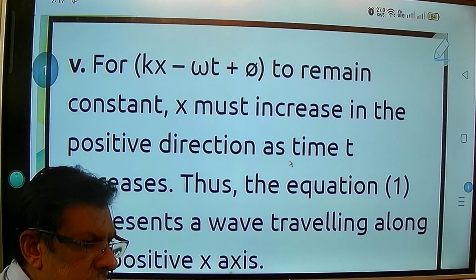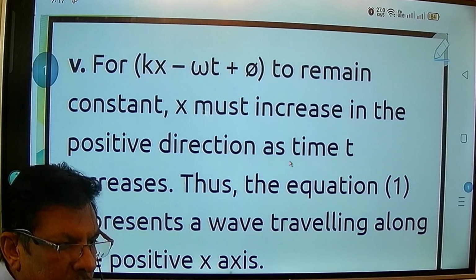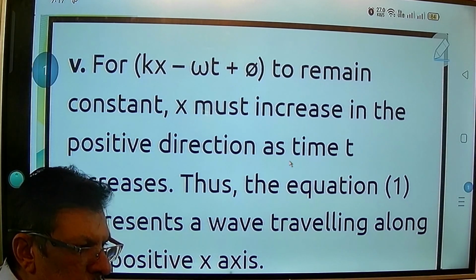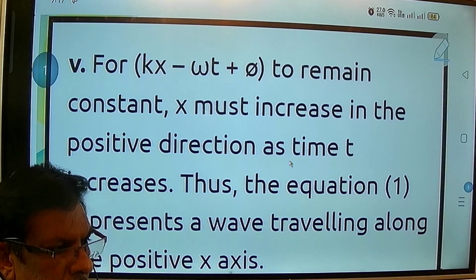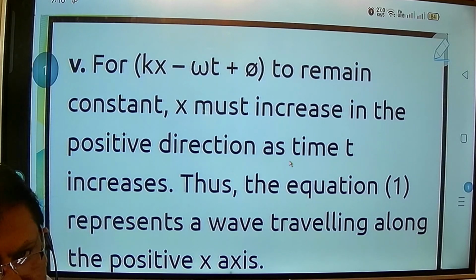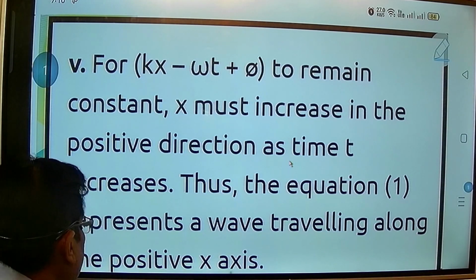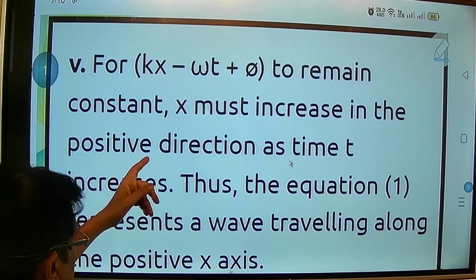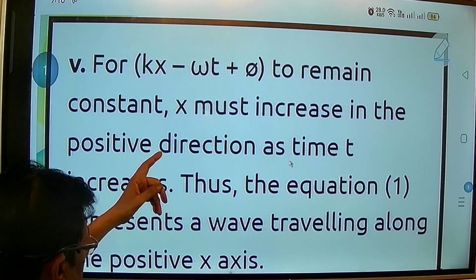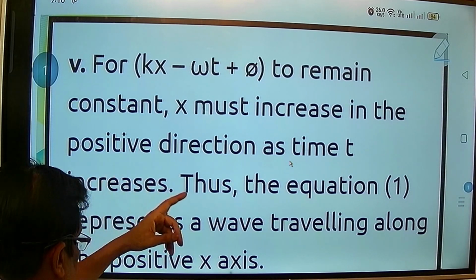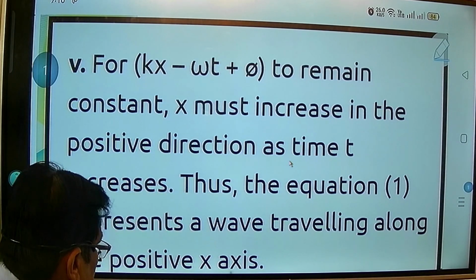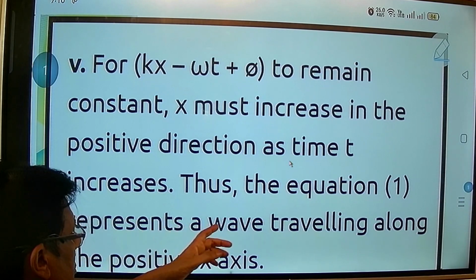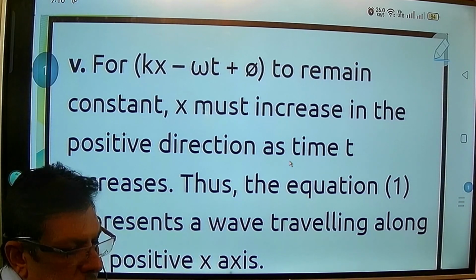Our time has started, the wave has started to move along the x-axis, and we conclude that x must increase with time. Therefore equation 1 represents a wave traveling along the positive x-axis.